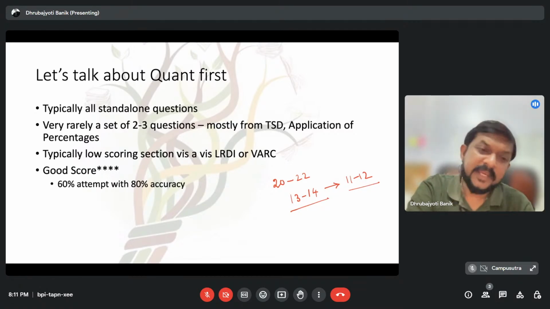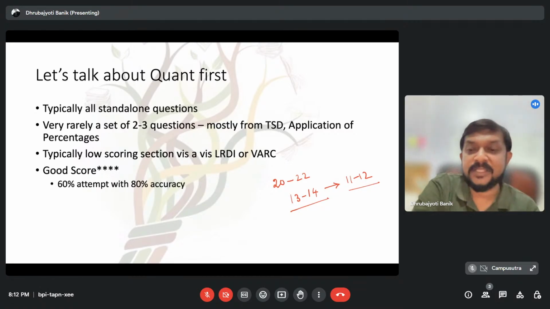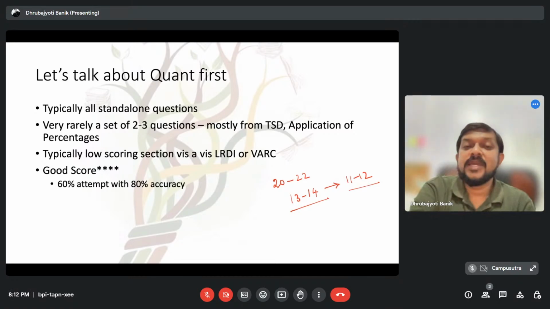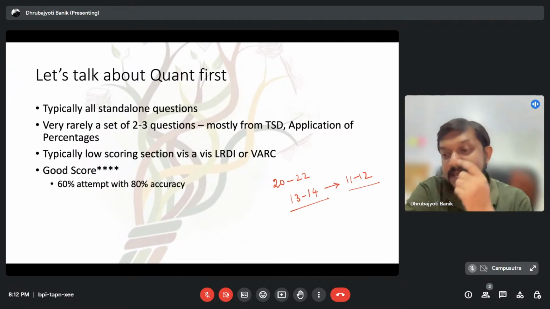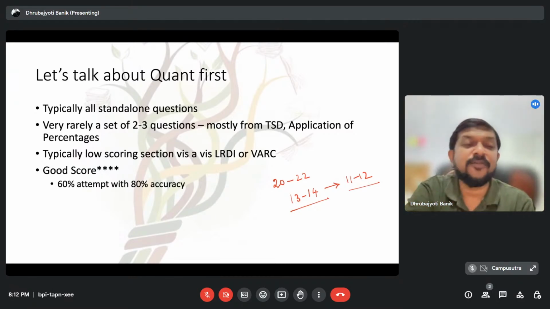Then 80, 85, 80% accuracy, then it looks like you will safely be crossing the 90 percentile barrier. The 90 percentile barrier is the sectional cutoff for most of the institutes.